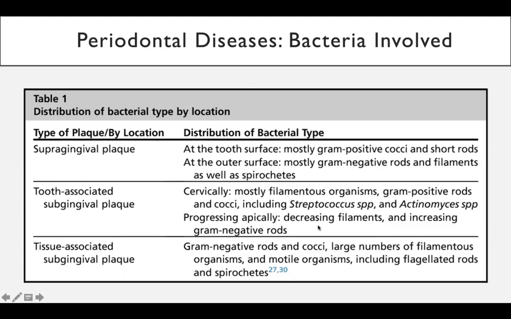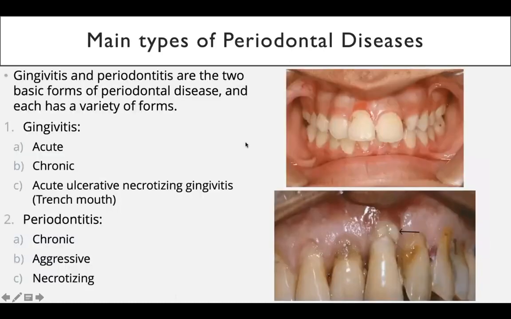So this is an overview of the bacteria found in gingival and tooth-associated plaque formation. These bacteria basically form the plaque. Superficially, there are gram-positive cocci and short rods, and when you go towards the apex, the tissue-associated and tooth-associated bacteria are more gram negative.